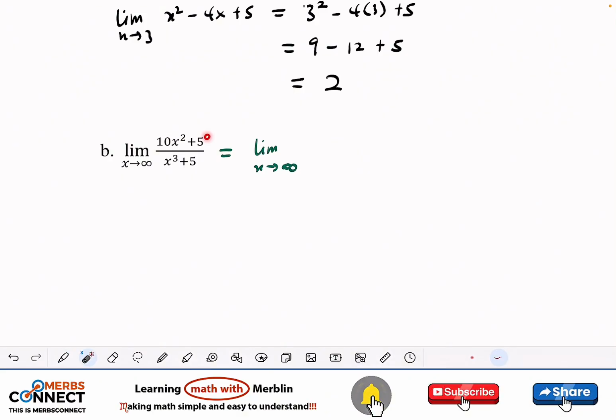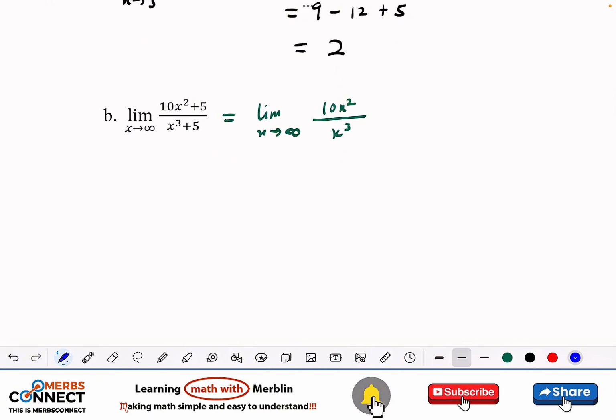So I look at the polynomial function on the top and pick the one with the highest degree, which is 10x squared, divided by the one with the highest degree in the denominator, which is x cubed. So the rest of the terms just go away. And then I can see that this is kind of nice because 2 of the x will cancel 2 of the x here.